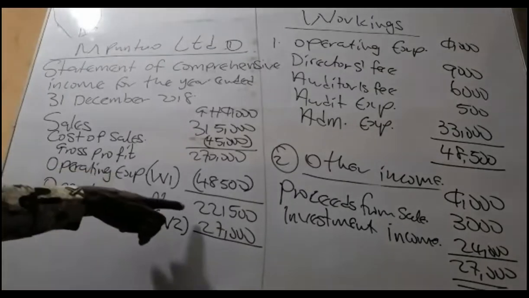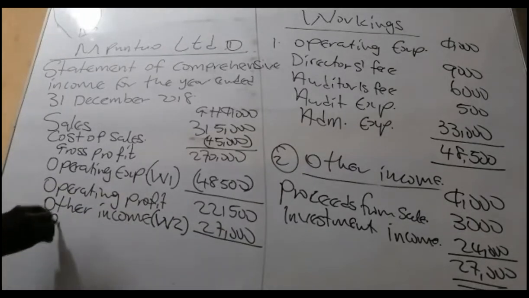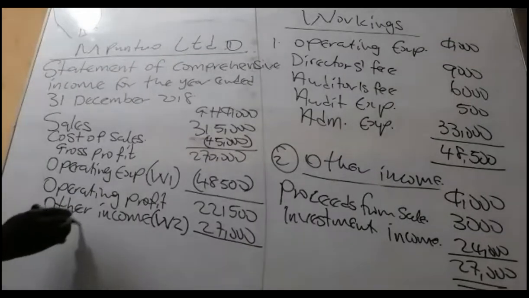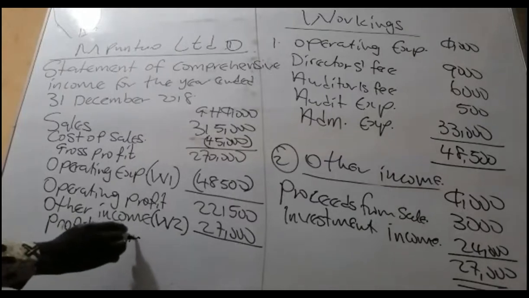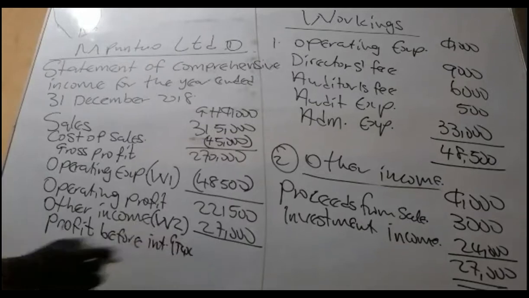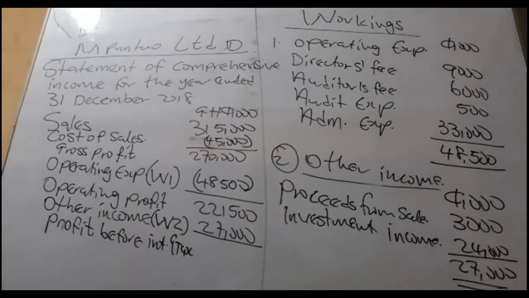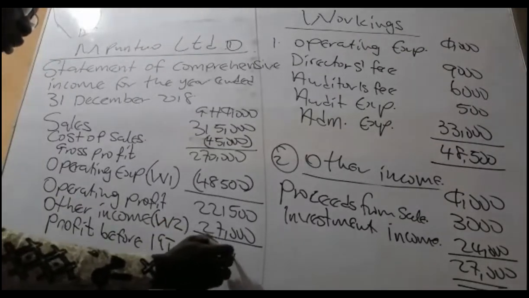So the operating profit plus the other income will give us profit before interest and tax. So it will be 194,500.